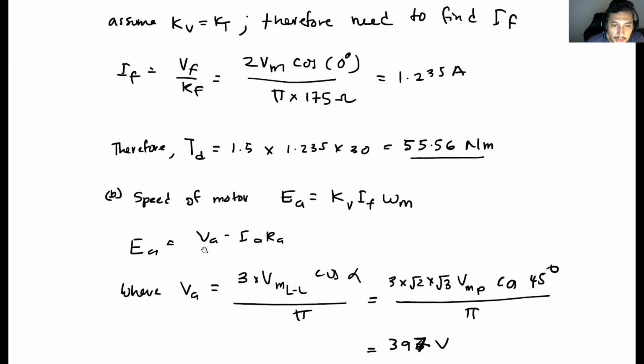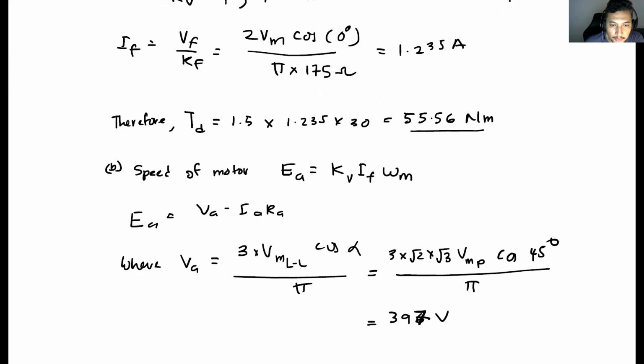VA is actually the output from the rectifier. For the armature circuit, the rectifier used is a three-phase controlled rectifier circuit. So this is the equation: 3 multiplied by Vm line to line cos alpha over pi.